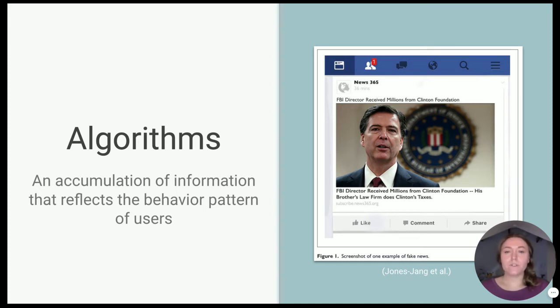Algorithms are often used to prioritize controversial topics, so that social media websites can generate more views and thus more revenue. Algorithms are not made to reflect accuracy, but rather the pattern of behavior by the users. We must be critical of our own confirmation biases at all times.